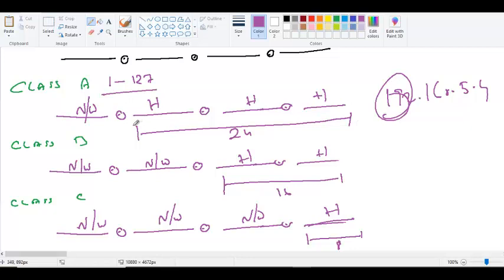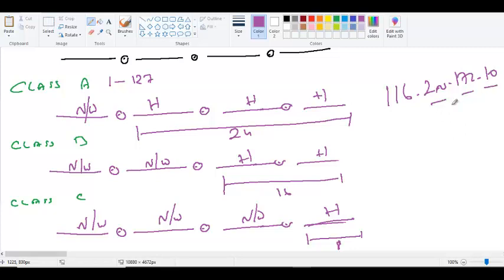When you see an address like 116.200.172.10, don't look at these numbers, only see the first number. It is in between this range, so this is a Class A address.